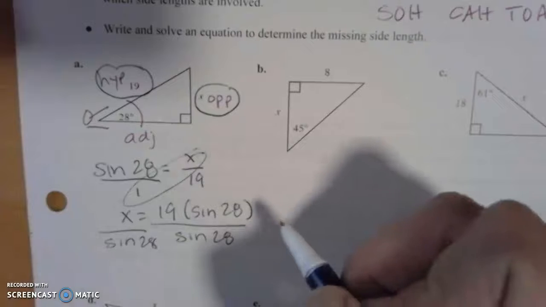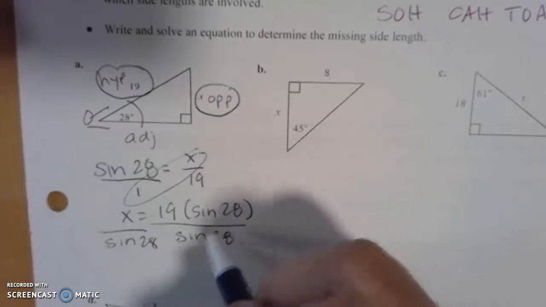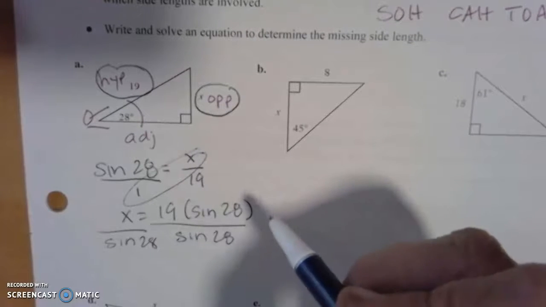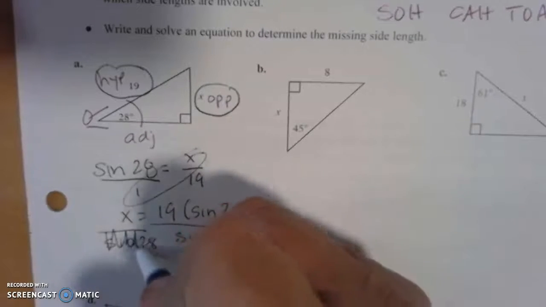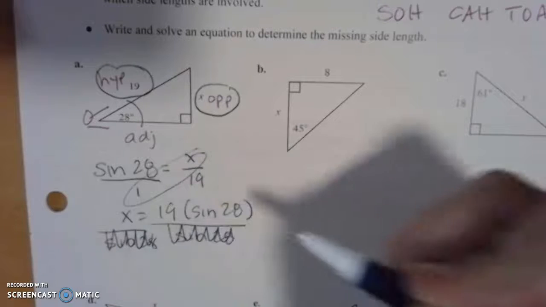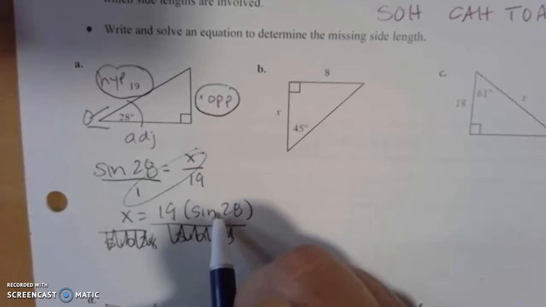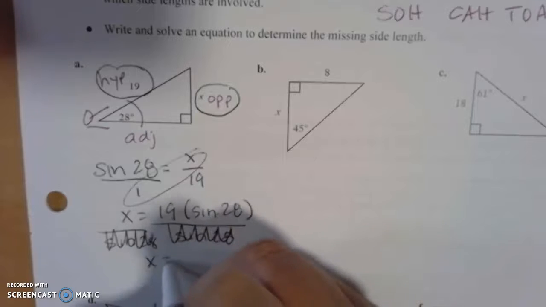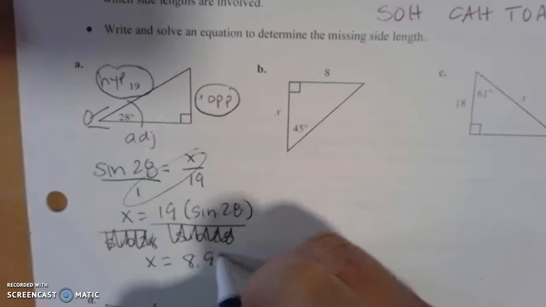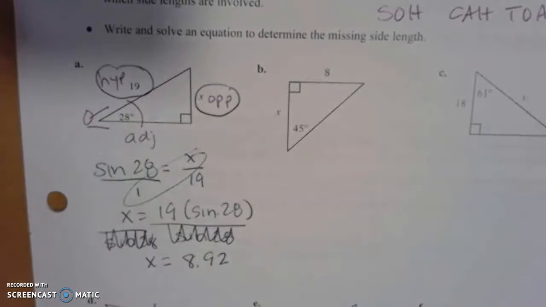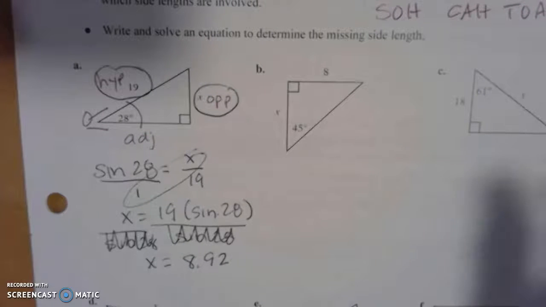And we're going to put that into our calculator. Oh wait, no, sorry. Don't divide here. Just multiply 19 times sine of 28. Just type that right into your calculator, and you're going to get x equals 8.92. We're using Desmos scientific calculator for that.